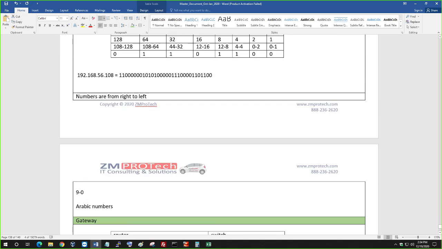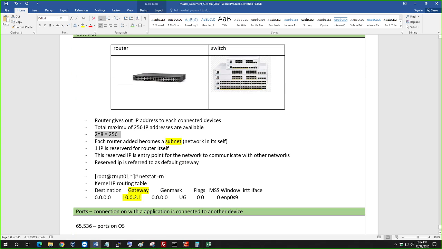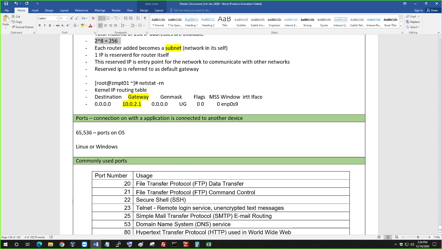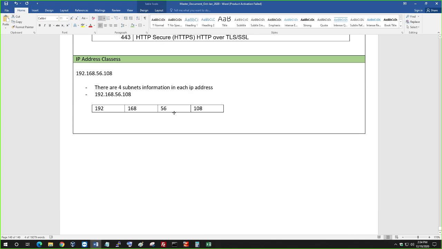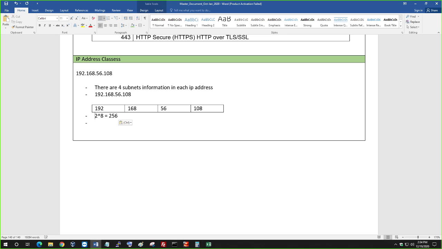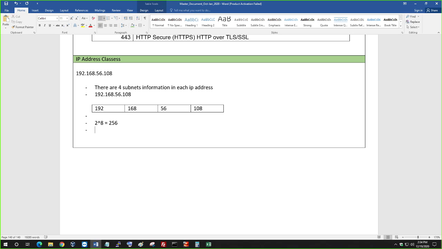So if you do 2 to the power of 8, what is 2 to the power of 8? It is 256.